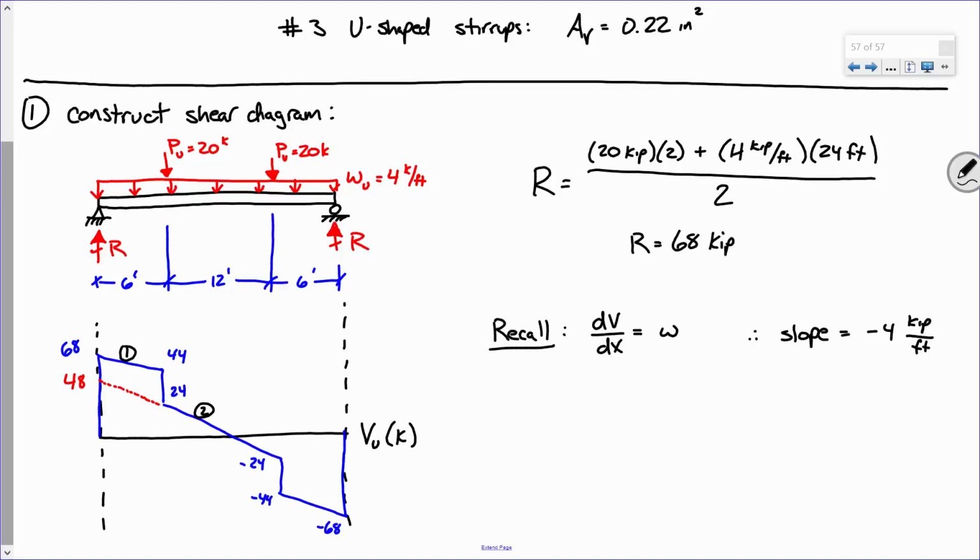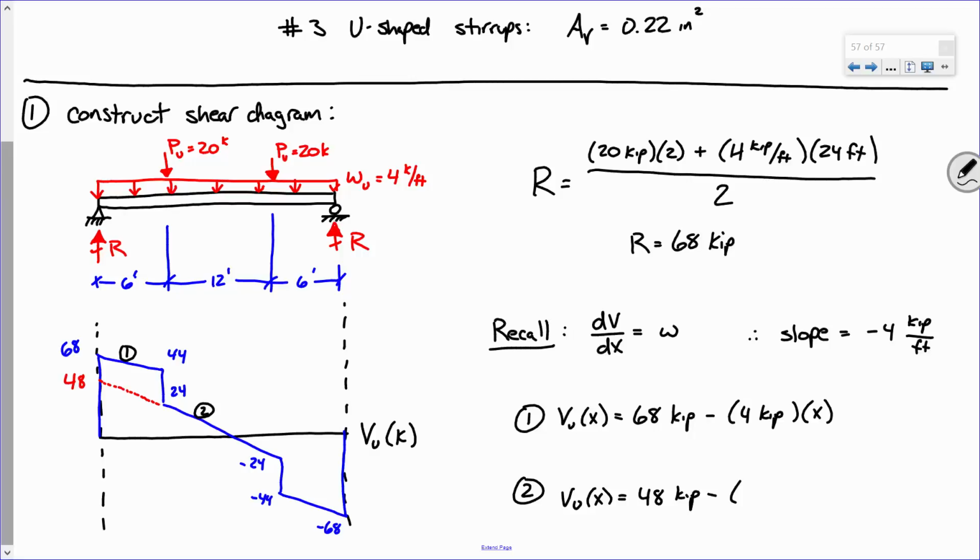So for region 1, I'm going to say that the shear as a function of x is 68 minus 4 kips per foot times x. And for region 2, I'm going to say it's 48 kips minus 4 kips per foot times x.